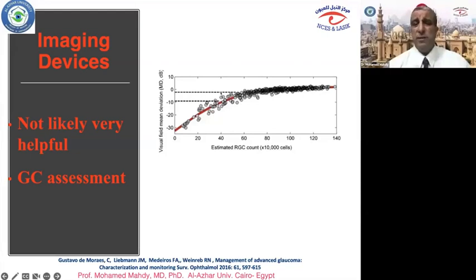Later on in the disease, in moderate and severe glaucoma cases, in the moderate cases between 3 and 10 or 3 and 12 decibel loss, we could use a combination of both. But later on in the disease, we see the changes from 12 to 30. There's only a limited range of ganglion cell loss between 40 and 0, which is complete loss of the ganglion cells, which is not present or never exists in reality.